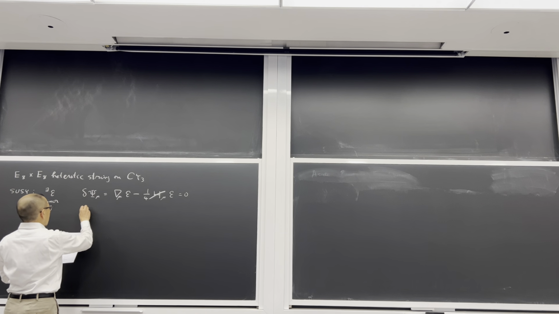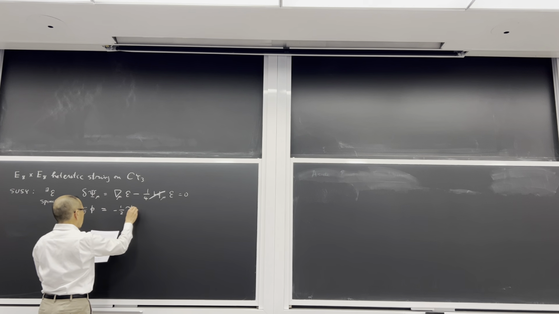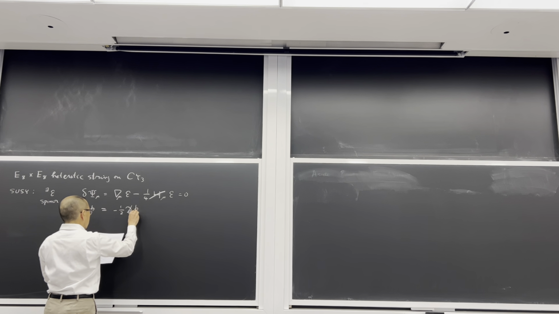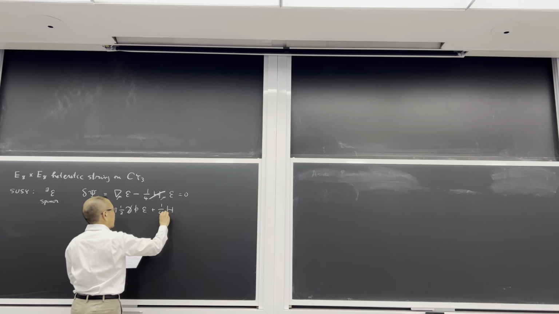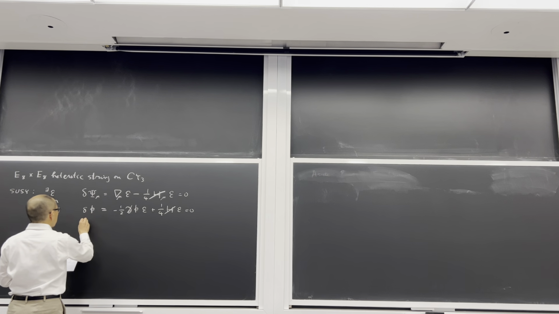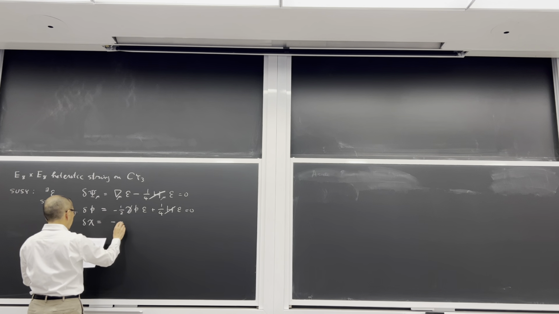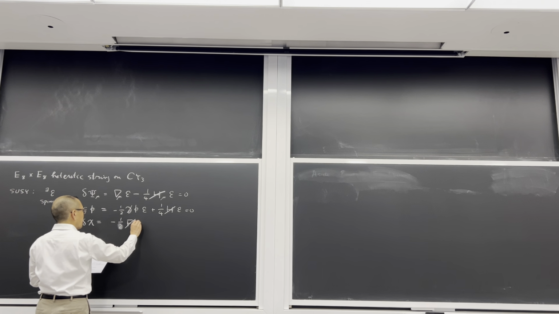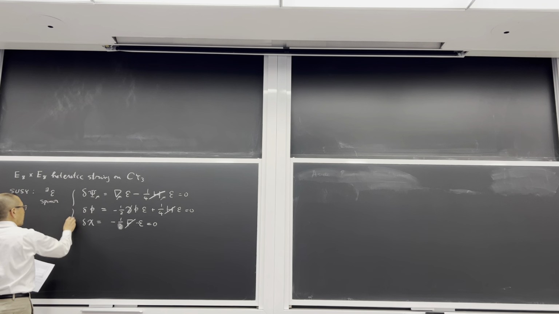And here is the dilatino, so again, H contracted with gamma matrices appropriately should vanish. And then the gaugino has this condition. Okay, so these are the supersymmetry conditions.